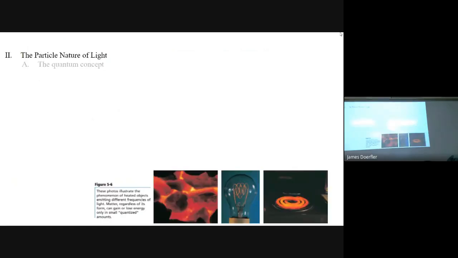We talked yesterday about the wave nature of light. Now we're going to talk about the particle nature of light. Light is weird. Light can be two things at the same time. And thankfully, it is weird, because otherwise life would just not be the same.